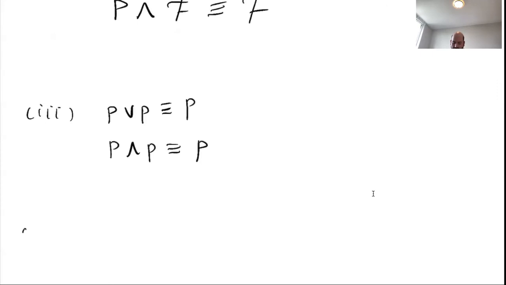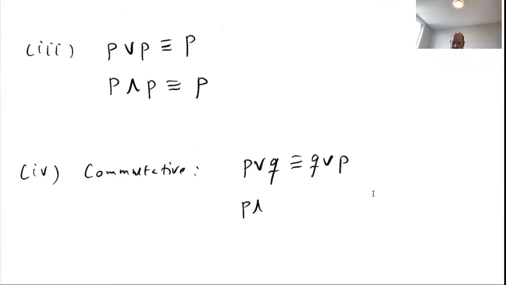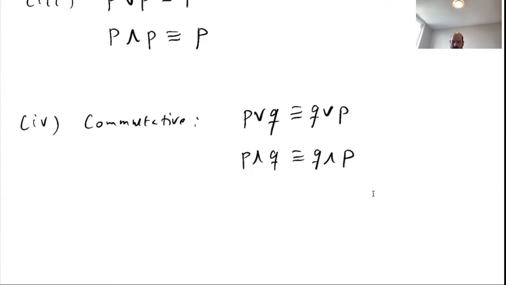Or for example, we have commutative laws. P disjunction Q is the same as Q disjunction P. P conjunction Q is the same as Q conjunction P. Or we also have, for example, distributive laws.